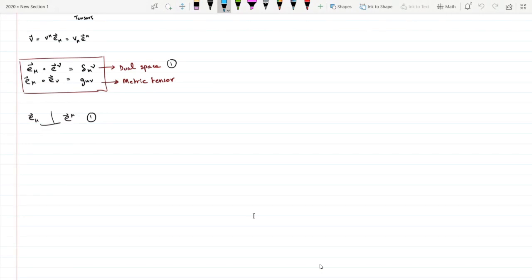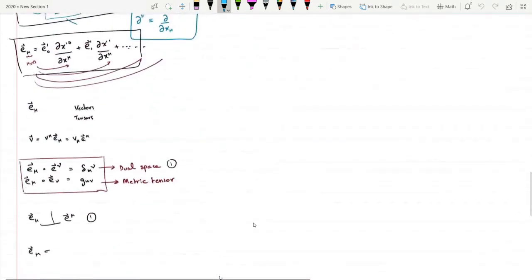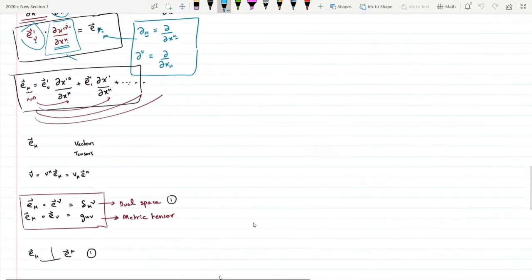Okay, so the point I wanted to make was that we've just seen how E transforms, right? We found E prime mu, and we said E mu could be written in terms of E prime. The equation above, the one I've written in the box, is E prime mu.